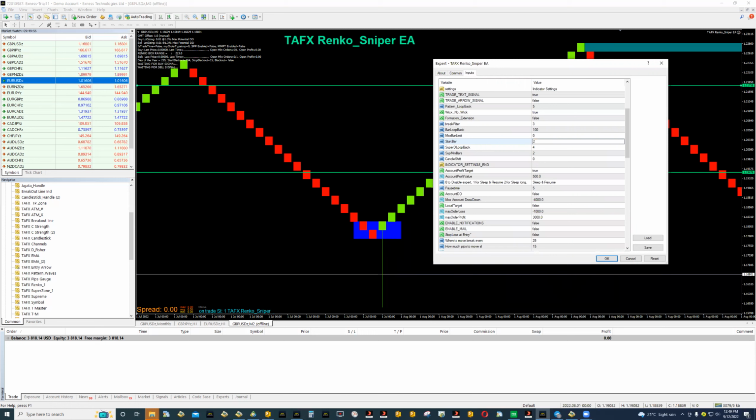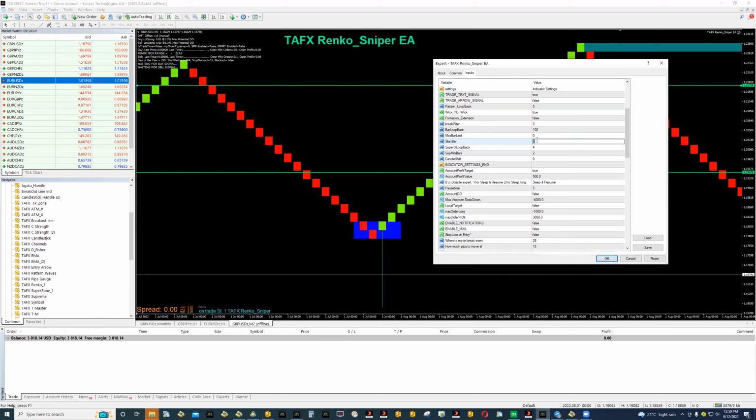If I set it to 2, which is what I really work with, it will confirm 2 bullish bricks, then enter with the third one. If it is a sell, it will confirm 2 sell bricks, then open with the third one. That is what you need to understand about the start bar.